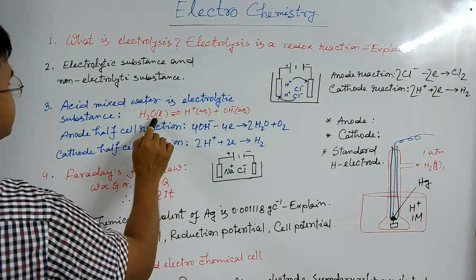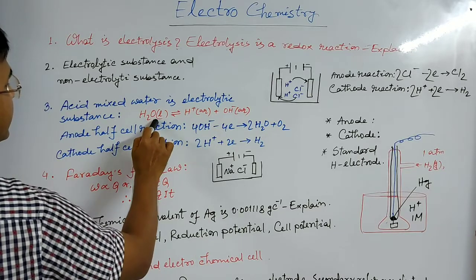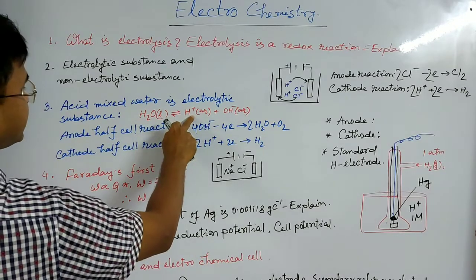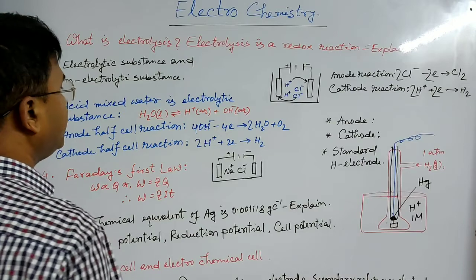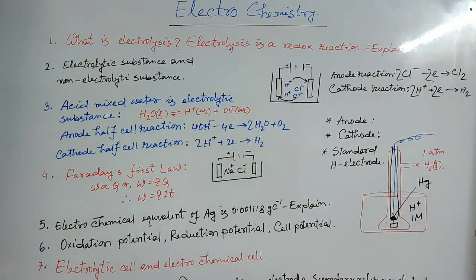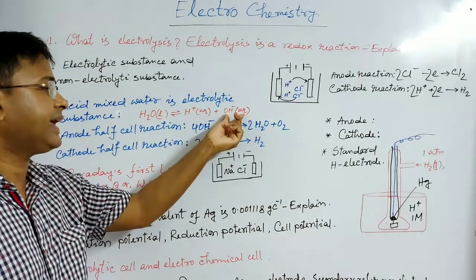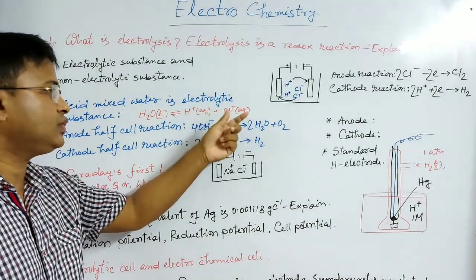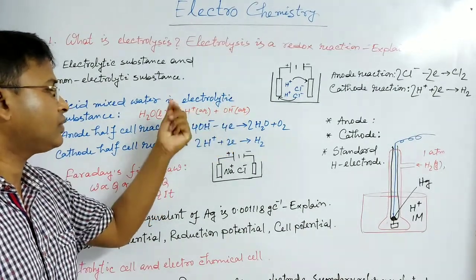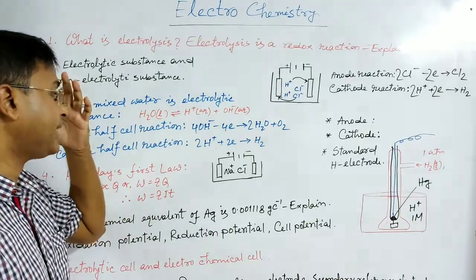Actually, acid mixed water ionizes slightly to produce H plus ion and hydroxide ion. After passing electricity, the negative hydroxide ion, also known as anion, goes to anode. This is a universal matter, and cation goes to cathode. This is also a universal matter.